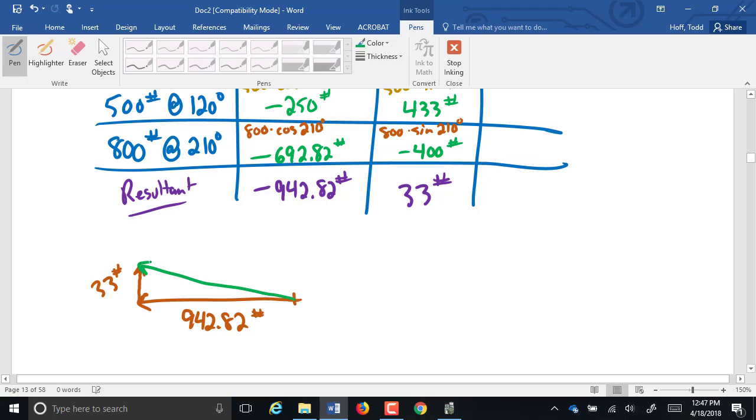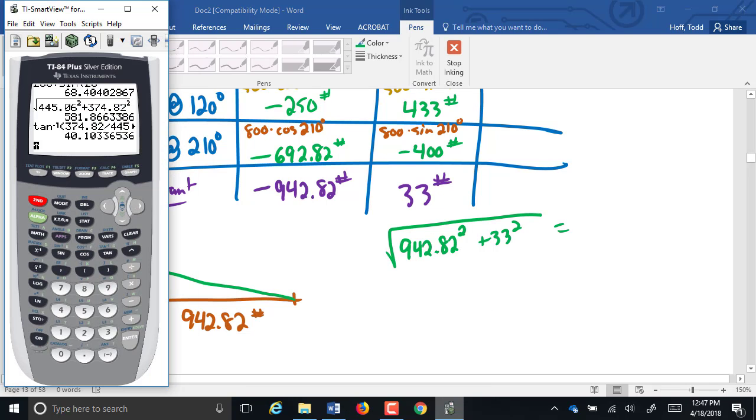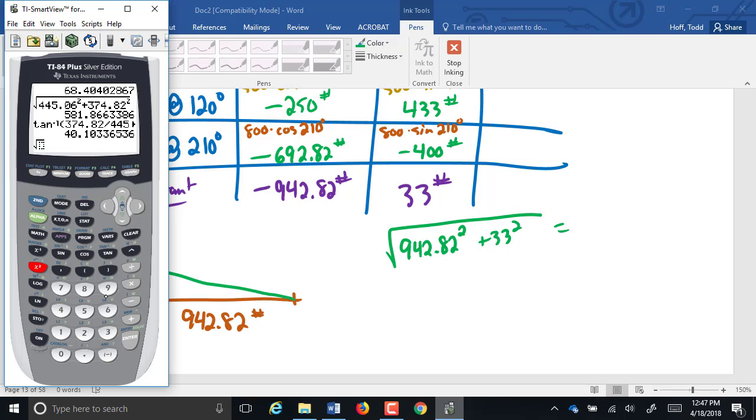How do I find my magnitude? Pythagorean theorem, square root of 942.82 squared plus 33 squared. Why did I ignore the negatives? Because I'm going to square them, the negatives don't matter anyway.